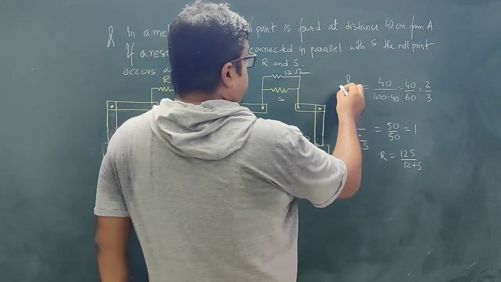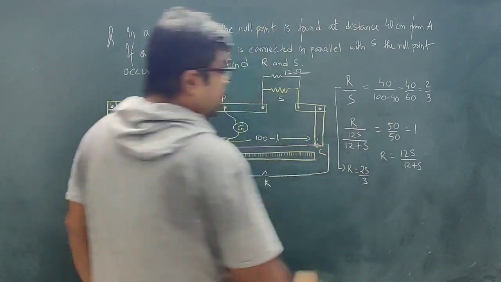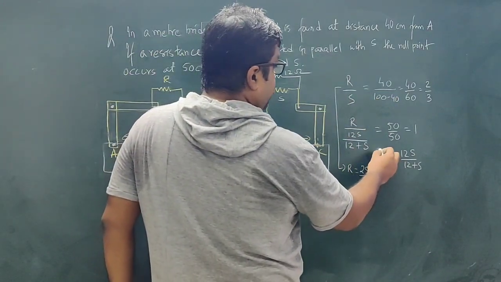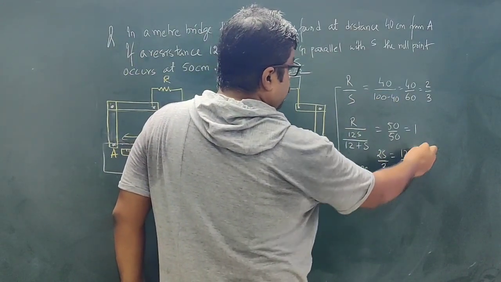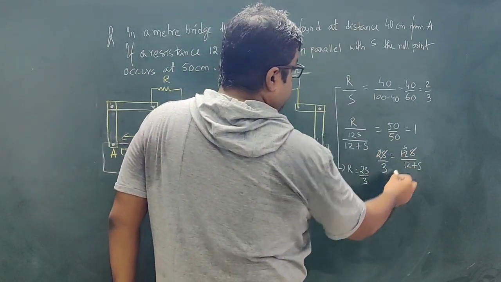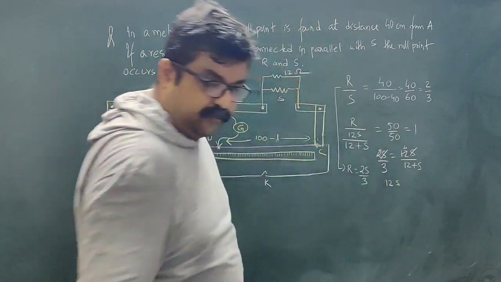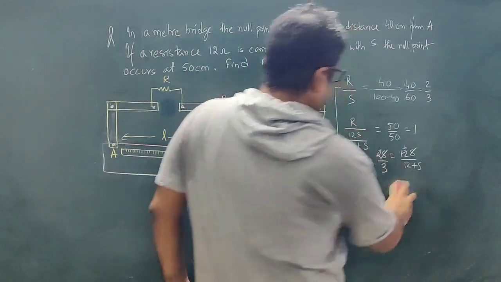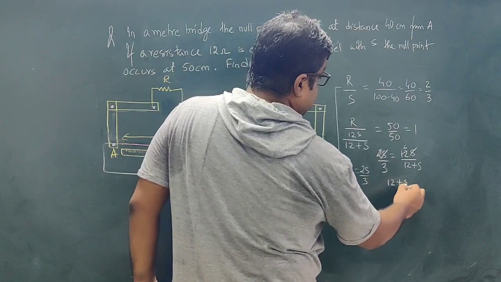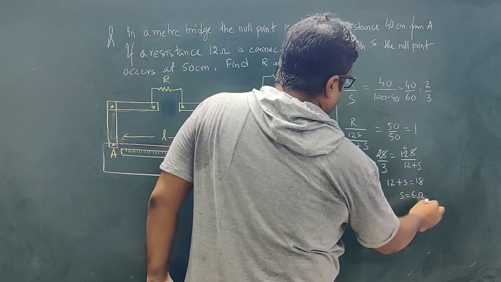Now from the first condition, we have R equal to 2S by 3. So here R can be replaced by 2S by 3, and the S gets cancelled. So 2 by 3 times 12 gives 8, so 12 plus S is equal to 18, or S is equal to 6 ohm.